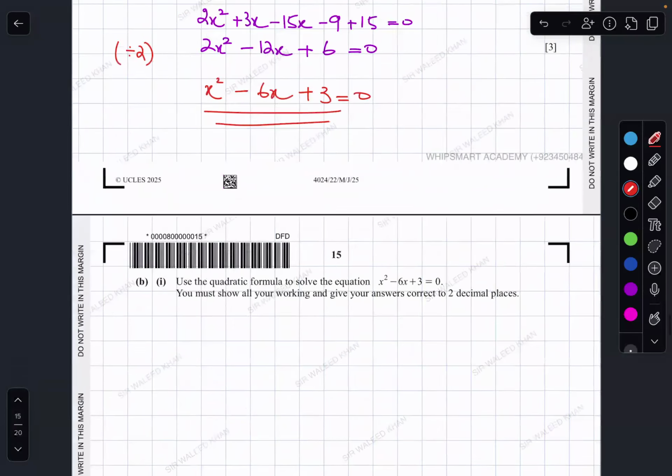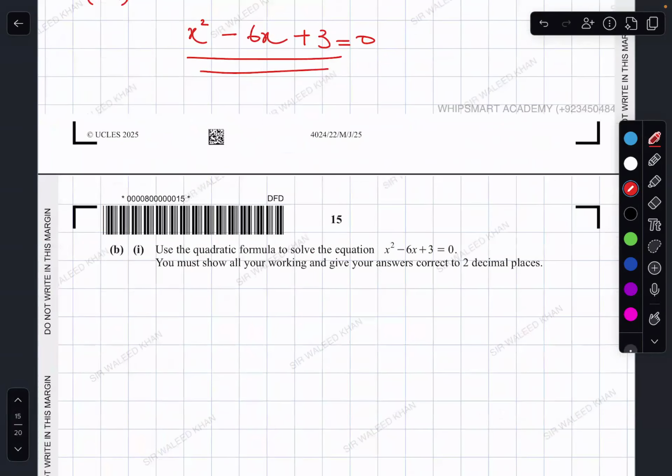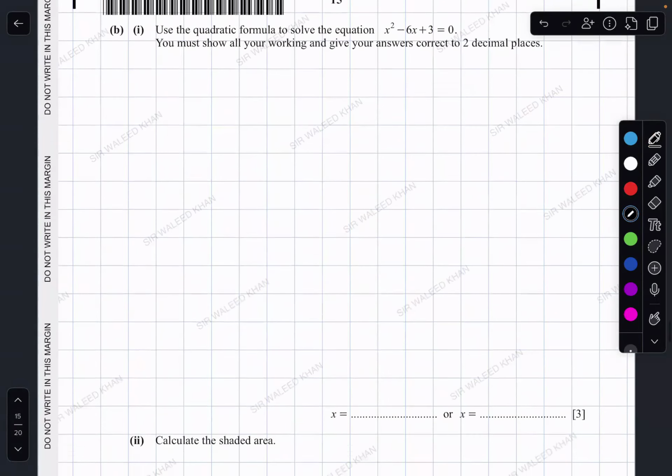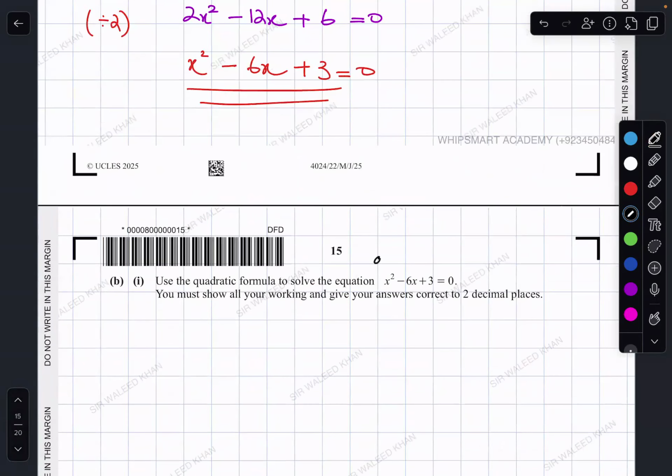Next, use the quadratic formula to solve this. Even if you are unable to solve the previous one, don't leave this. It's a 3-mark question. So write the general form above this. This is the general form of quadratic equation, and you can match. The coefficient of x squared is 1, so a is 1.